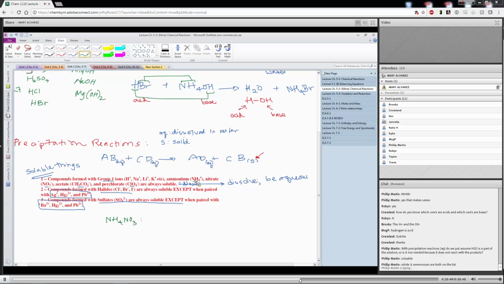Perfect. Because rule number 1 tells me if I have a compound with ammonium, it's soluble. And if I have a compound with nitrate, it's soluble. So it's like doubly soluble. It's definitely soluble. Excellent. If I have a compound of ammonium hydroxide, would that be soluble or not soluble? And why?